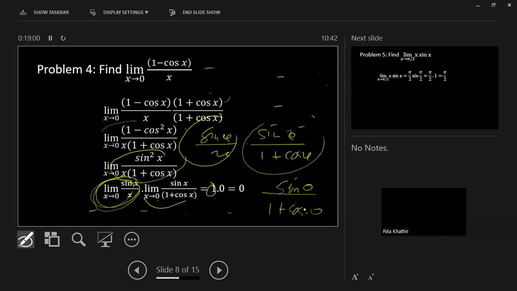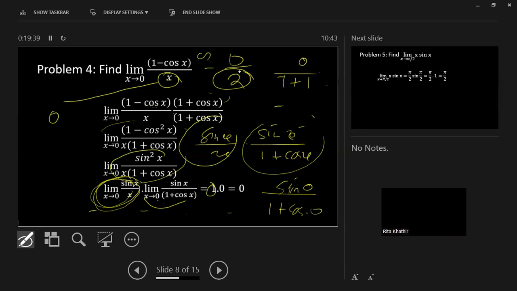And what is the value of sine of 0? 0. And then 1 plus cos of 0 is 2. So it becomes 0 over 2. So in this case, we can avoid putting a zero as the penyebut, because if there is zero here, you have an undefined result.